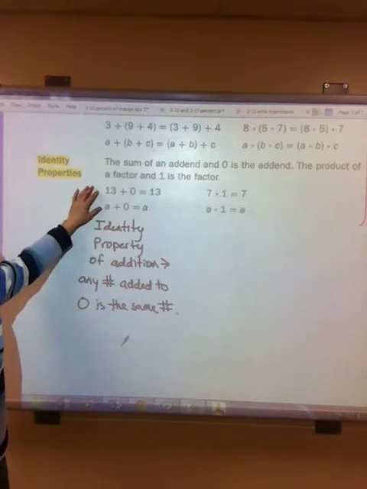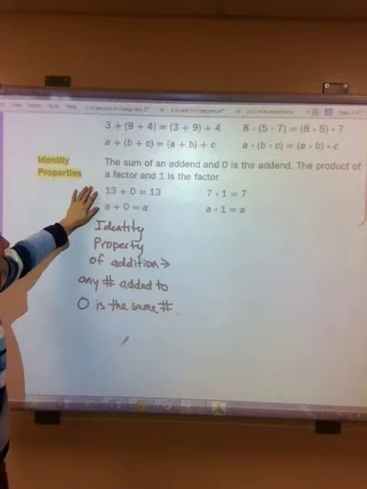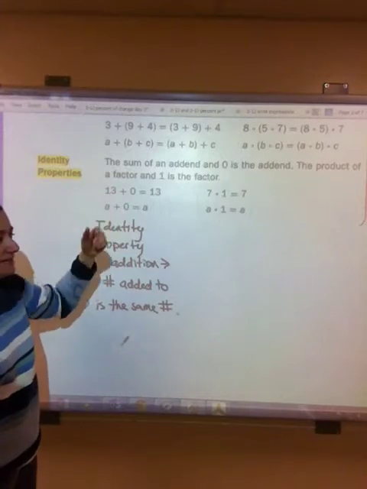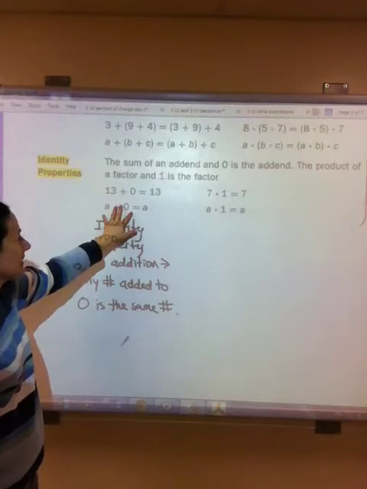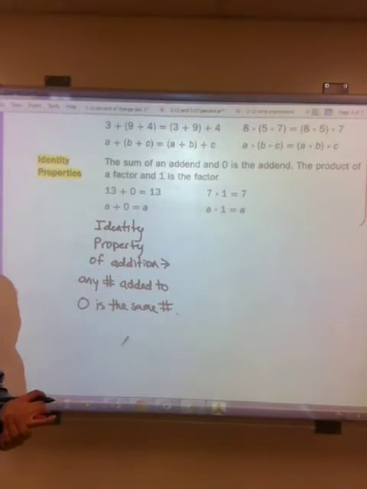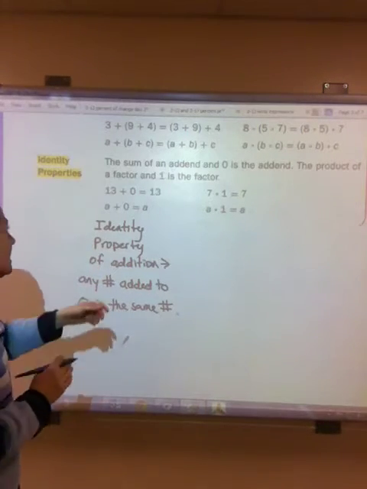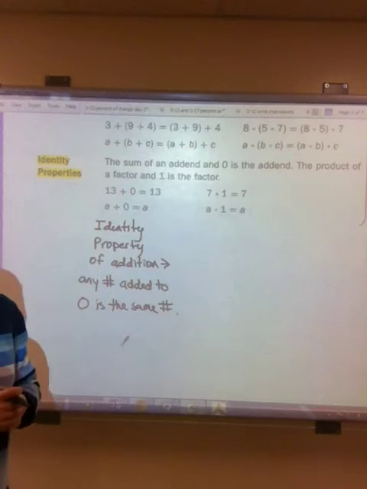Again, write down the example. That really makes sense. Any number plus 0 is that same number. If you see a problem like this, you might think, oh, that's the identity property. The identity property says that anything plus 0 is that same number.